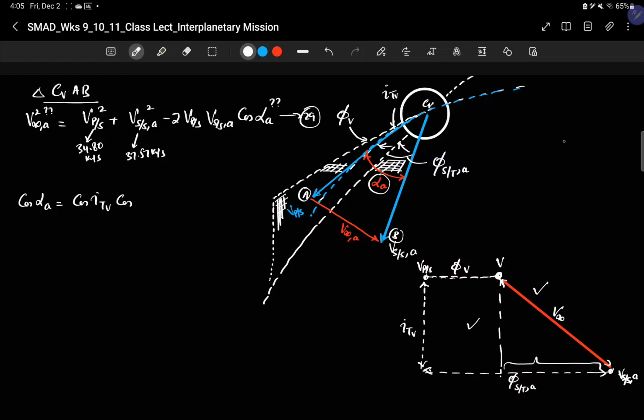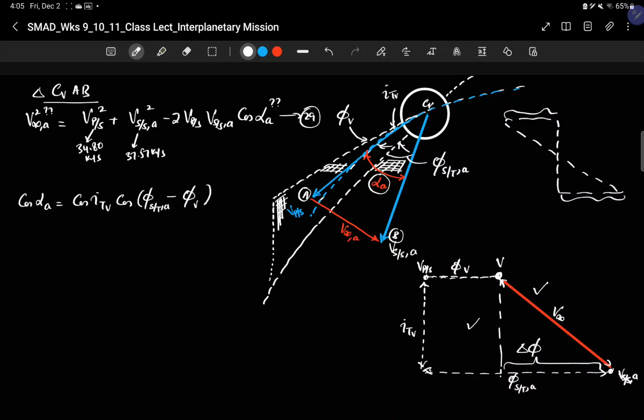In the previous instance, when we were departing, the angle was based on the sum of both angles, isn't it? But here it relies on the difference between the phis. So that will be the cos of phi of the spacecraft on the transfer trajectory at arrival minus the phi of Venus on its own orbit.